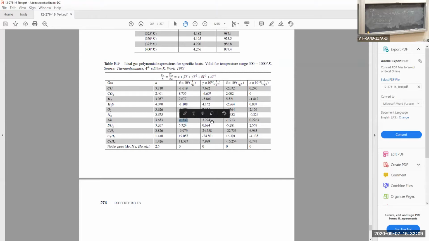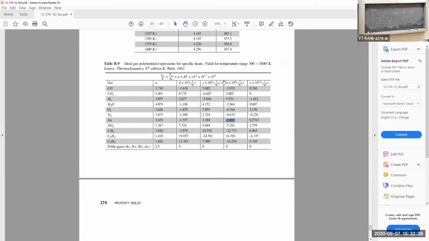Gamma, this value times 10 to the negative 6. Delta, this value times 10 to the negative 9. So all these coefficients get progressively smaller by 3 orders of magnitude as you move up in order in the polynomial.